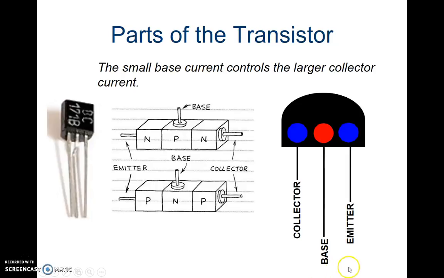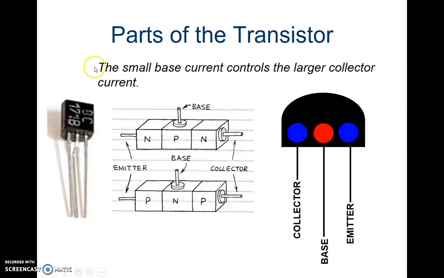This black symbol with the collector, base, and emitter. This is really important because it shows the three parts of the transistor. So go ahead and draw this basic shape here and make sure and label each one of these strands that are coming off of it. One's called the collector, one's called the base, and one's called the emitter. And basically what this is representing is, if you look over here to this picture, it's representing the three pins you see here coming off the transistor.